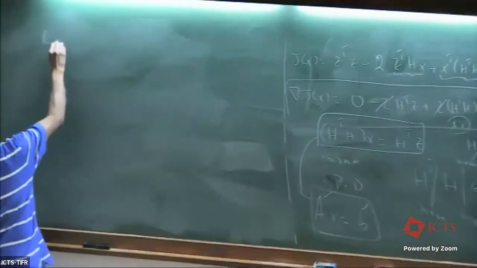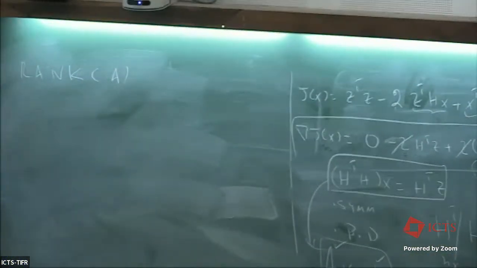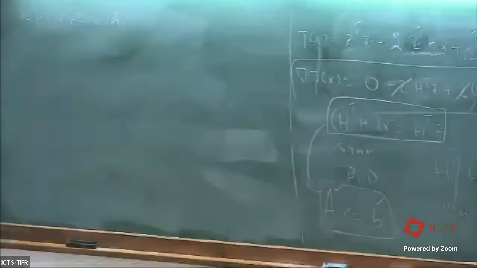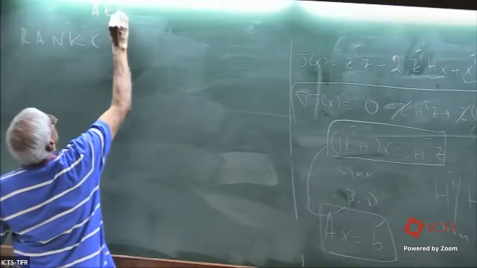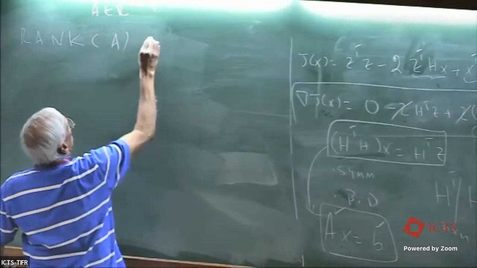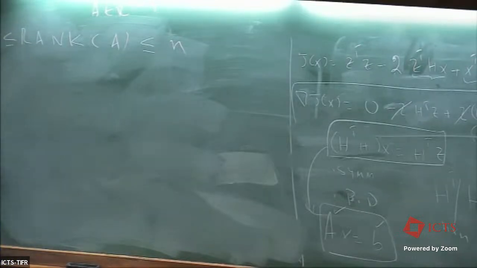I'm not going to write all of them. Rank of A. If A is an n by n matrix, the rank of A is less than or equal to n and always greater than or equal to 0. What is the matrix for the rank of 0? The zero matrix. When A is non-zero, it always satisfies the inequality.